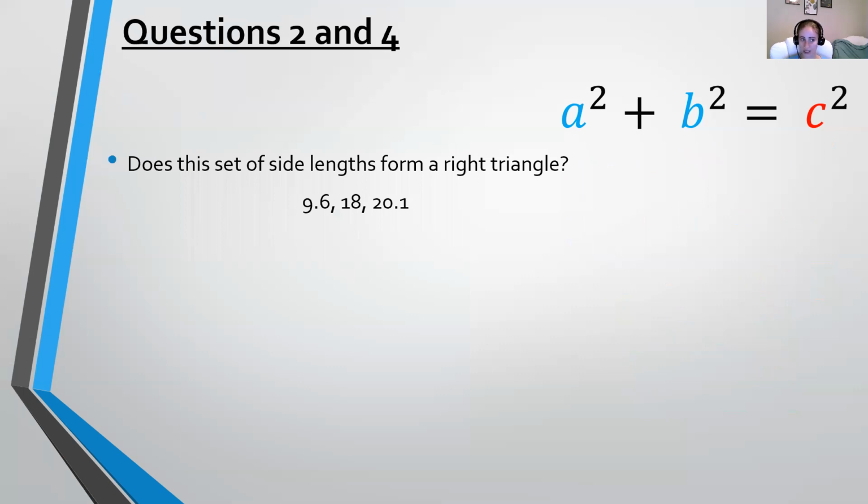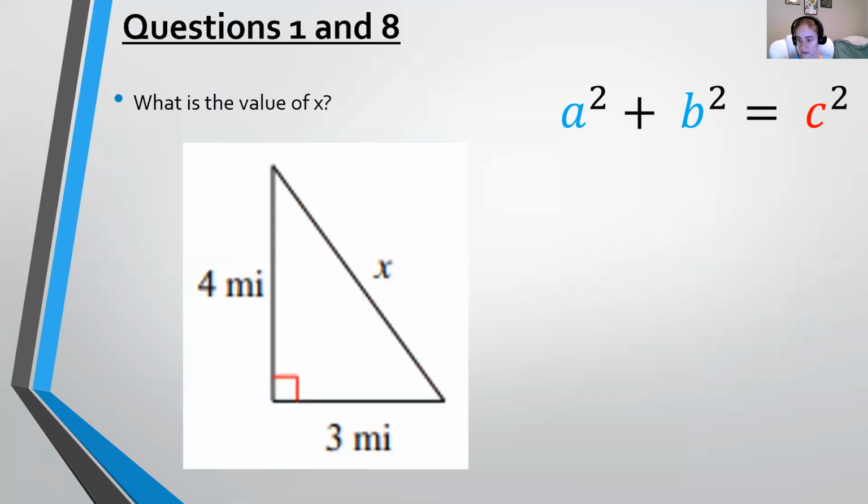Our next one is very similar to questions 2 and 4 on your test. So this is actually going to be the opposite of what we just did. In the first two problems, we used the Pythagorean theorem to find a missing side. In this one, we're going to do something a little different.